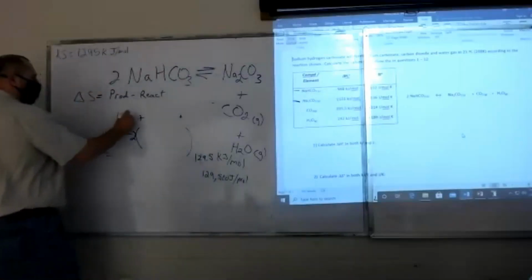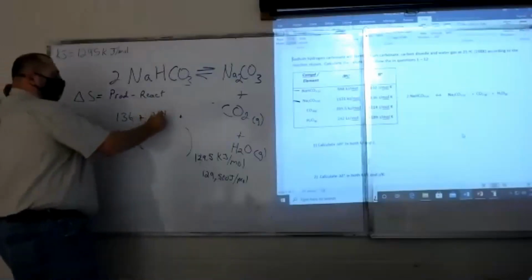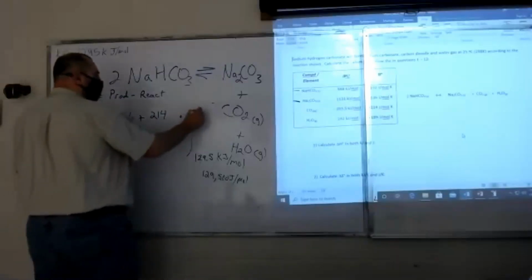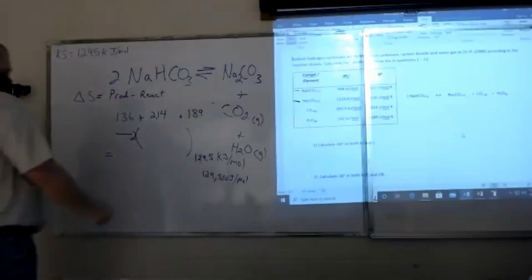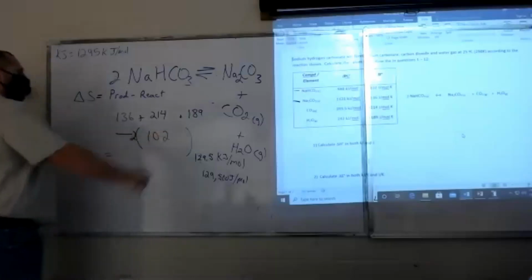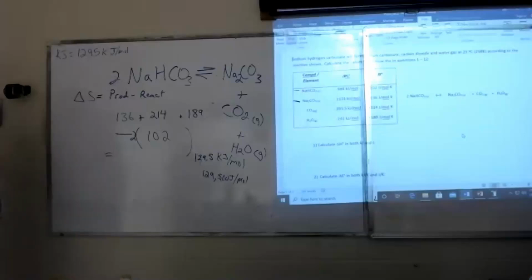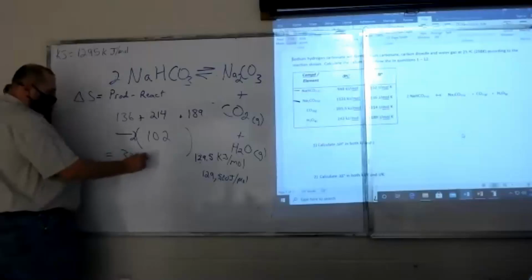So 136 plus my CO2 plus 214. My water is 189 minus 2 times, and this is 102. Now we type this in. 335. 335 kilojoules.